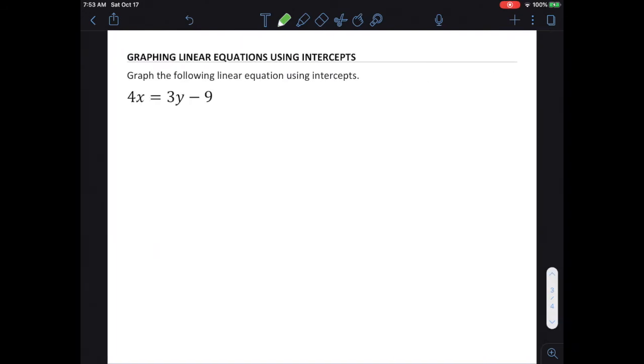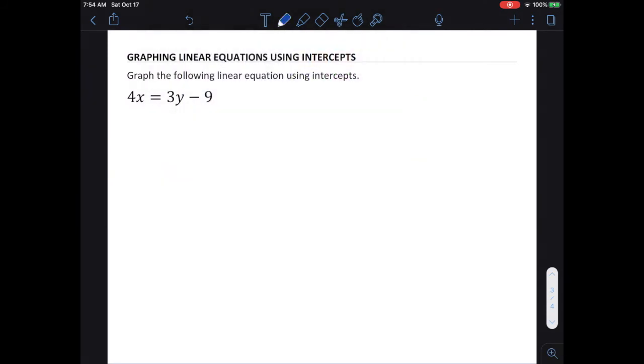And this one isn't in standard form, it's not in slope-intercept form, it's kind of in a goofy form where we have x by itself on one side and 3y minus 9 together on the right-hand side. Now, one thing we could do to make this easier is to turn it into standard form. And I'm actually going to do that.